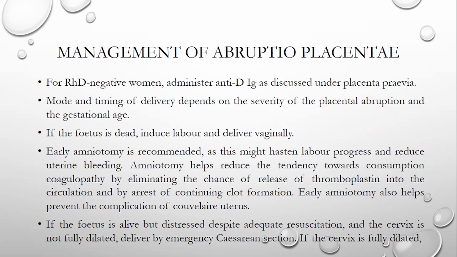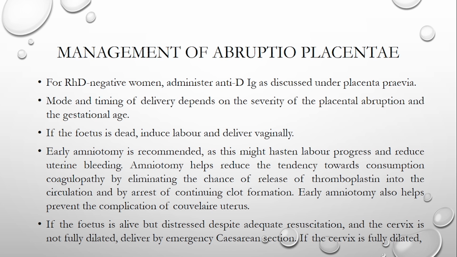If the fetus is dead, induce labor and deliver vaginally. If the fetus is dead and there is evidence of coagulopathy, still induce labor and deliver vaginally. Early amniotomy is recommended, as this might hasten labor progress and reduce uterine bleeding.